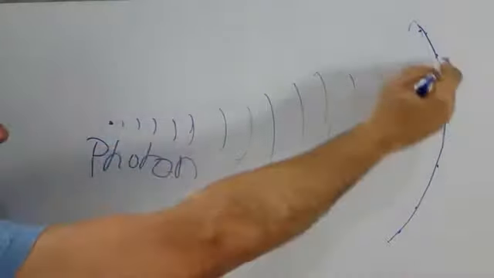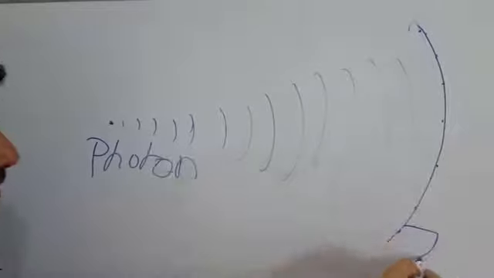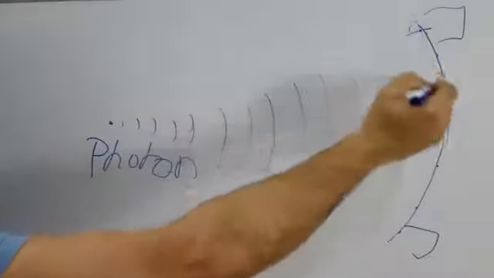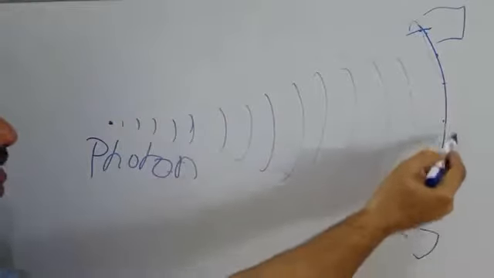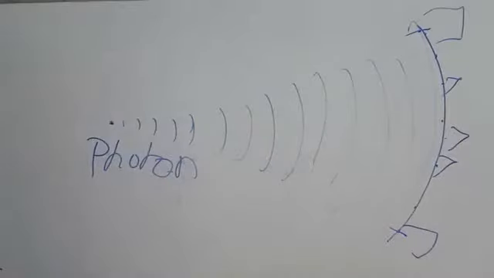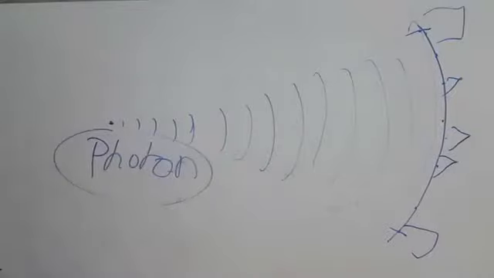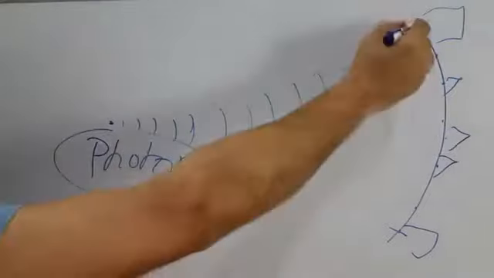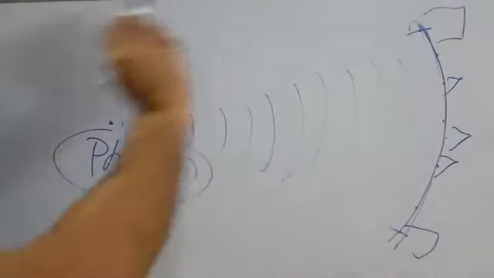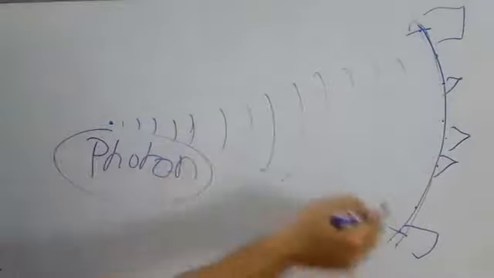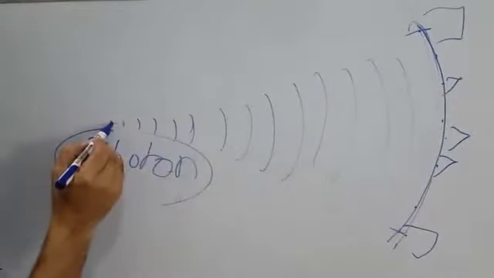When this photon reaches here, and there are different receivers, where shall this photon be received: here, or here, or here, or where? Because this is a particle, it cannot be of this much size, and if it is of this much size, it cannot be of this size.